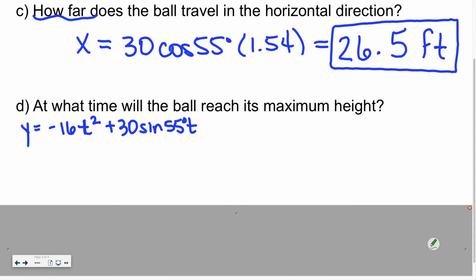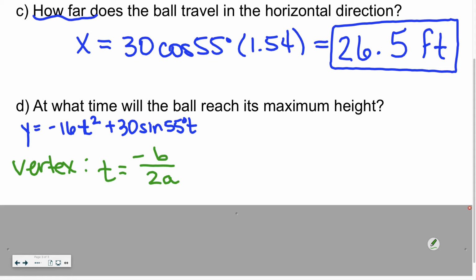When you found the vertex in Algebra 2, you said that the vertex was at negative b over 2a. Since our independent variable is t, I'm going to say t instead of x, but negative b over 2a is where the vertex is.